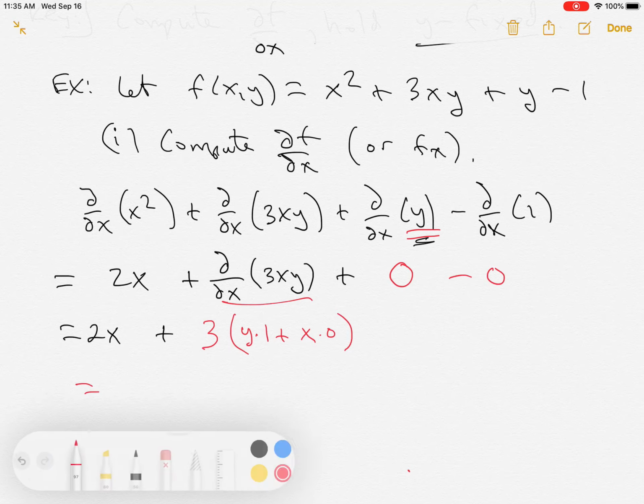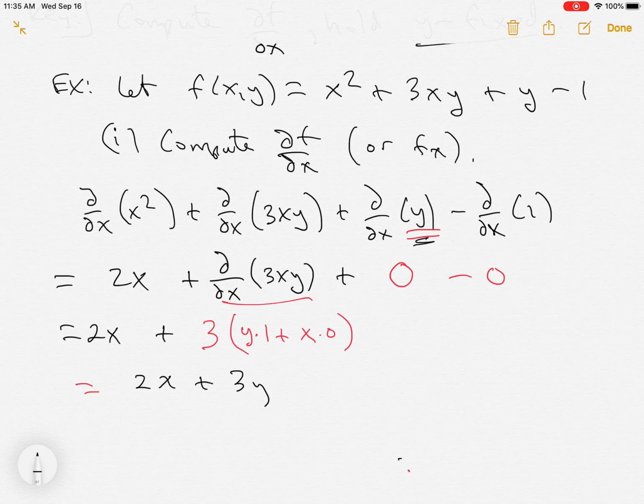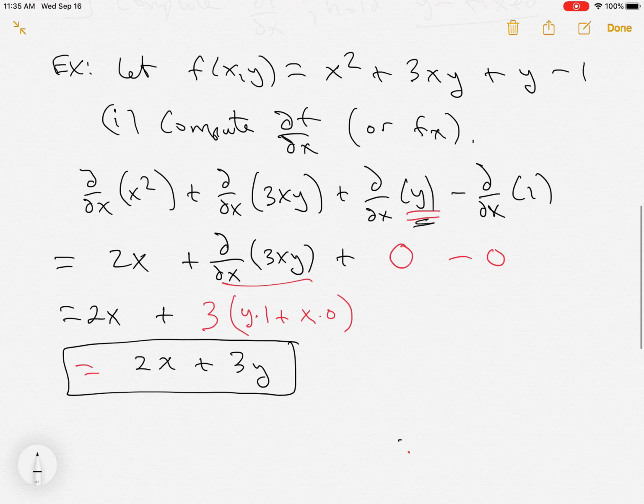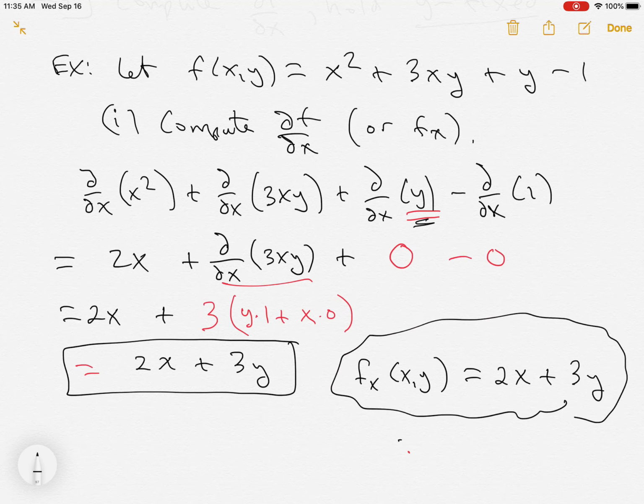And so my final answer is 2x plus 3y. Going through all the grisly details, we found df dx for this function. So I'm going to write it like this: f sub x of x comma y is 2x plus 3y. There we have it.